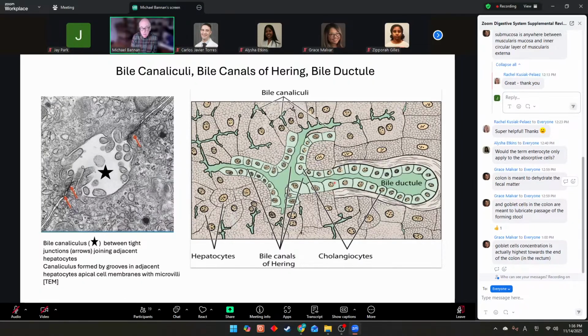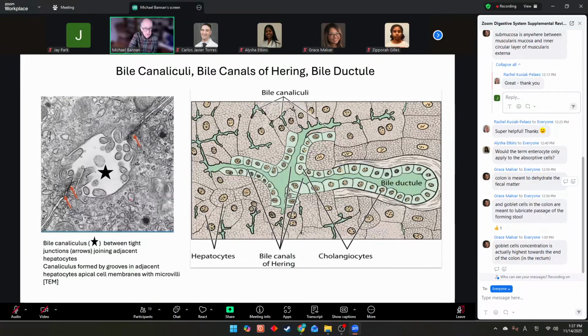As we progress toward the portal area, we get a larger diameter duct until we arrive at the bile ductule in the portal tract. So let's first take a look at the smallest element of this duct system, the bile canaliculus. So this is most easily seen at the ultrastructural level, which is this image on the left side here.